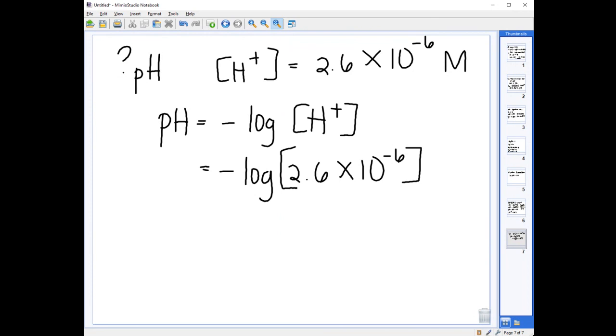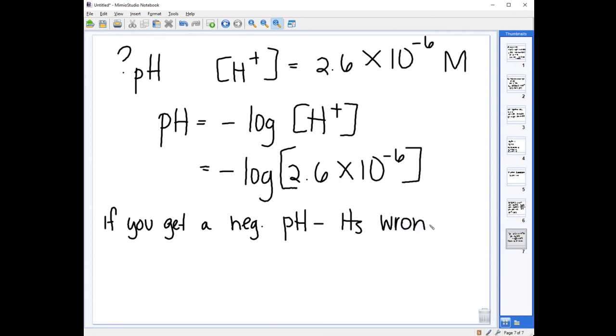So if you get a negative number, I'm just going to write that down here. If you get a negative pH, it's wrong. You won't ever have a negative pH. So in this example, my pH is 5.59. Remember, I'm going to go to 2 decimal places.